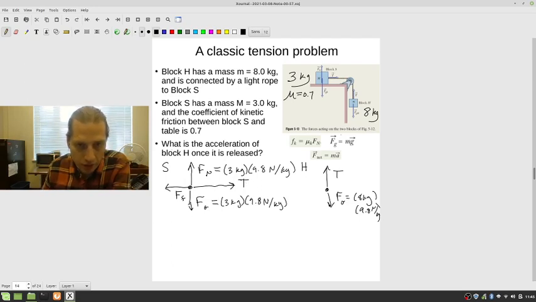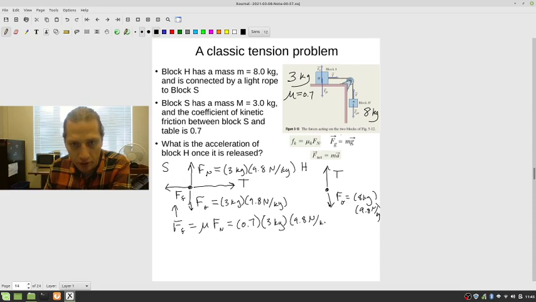I don't know my acceleration, and I also don't know my tension force. So I'm going to have to write an F equals ma. Oh, and by the way, my force of friction in this case I can figure out pretty easily, because my force of friction is going to be mu times the normal force. So it's going to be 0.7 times 3 kilograms times 9.8 newtons per kilogram.